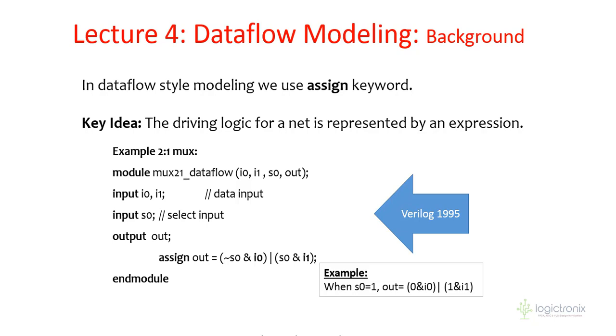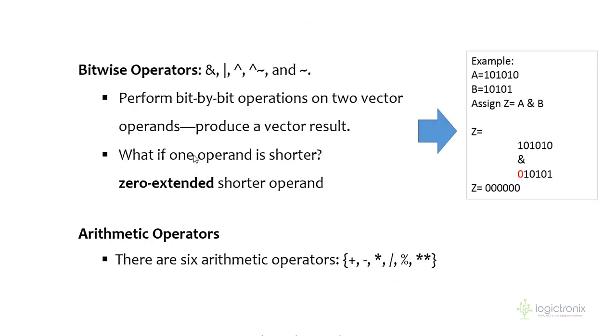So we are now at Dataflow Modeling. Dataflow Modeling is what we already know, utilizing the Verilog design method with assign keywords, and it is very basic. We implement some sort of logical equations in Dataflow Modeling. And here we have a Verilog 95 example for a 2:1 mux.